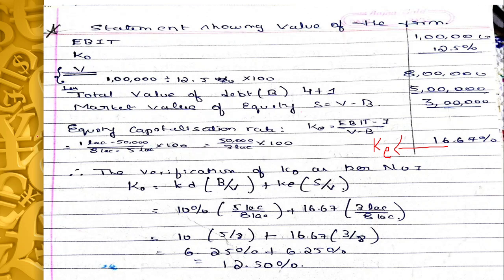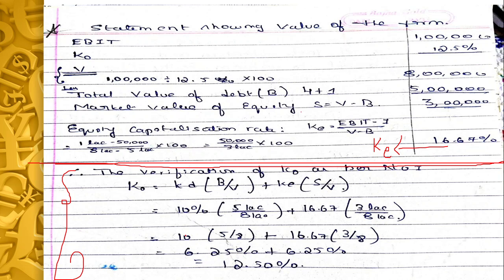Your problem stops here. Fine. At this point your problem stops. Whatever this is, it is for verification. This is all but verification. See, here you have written K naught is 12.5%.